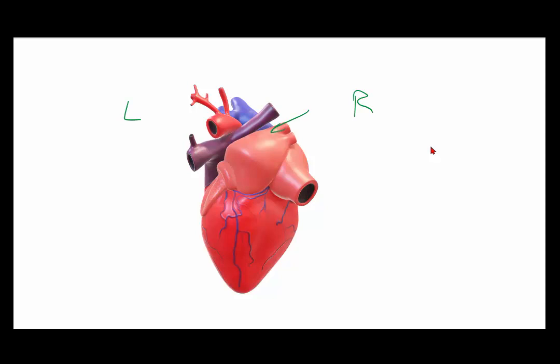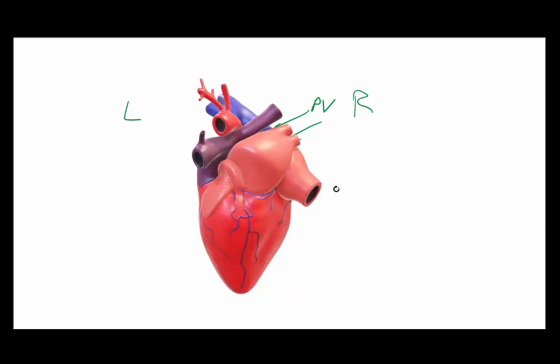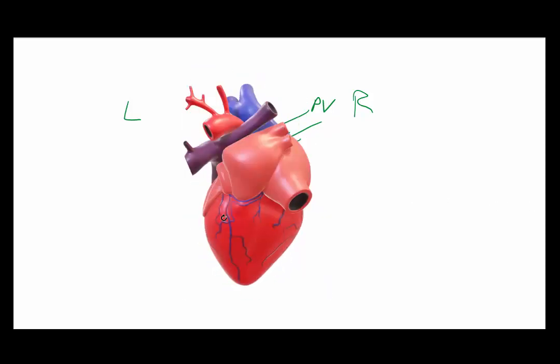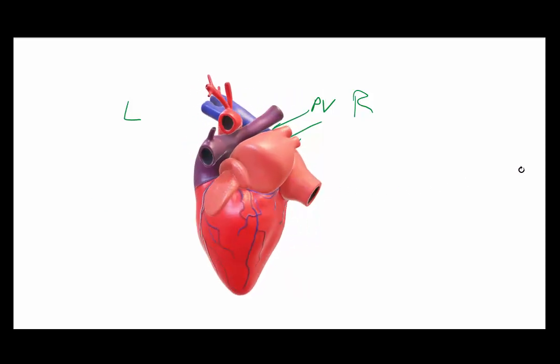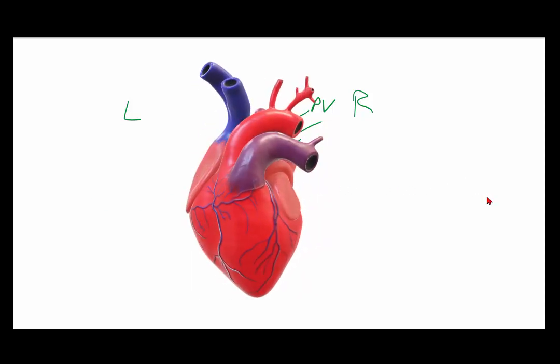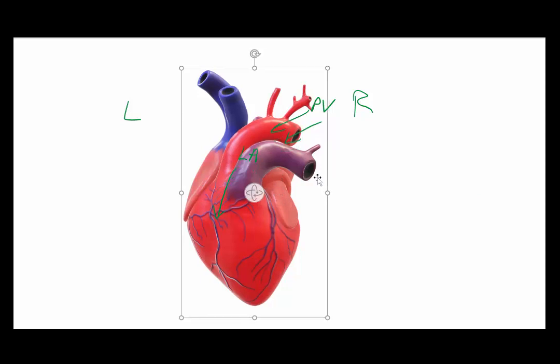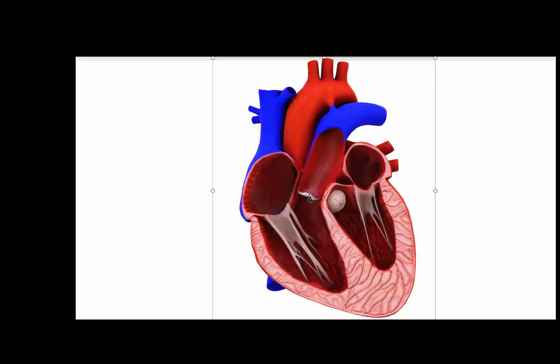So we can see in here, this would be the pulmonary veins, bringing blood into the left atrium, and then from the left atrium, down into the left ventricle, and then up and out into the aorta.